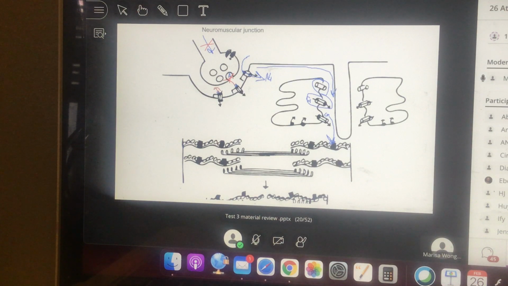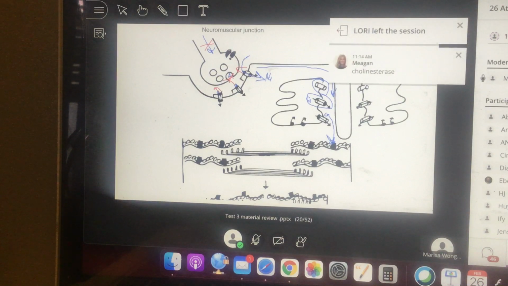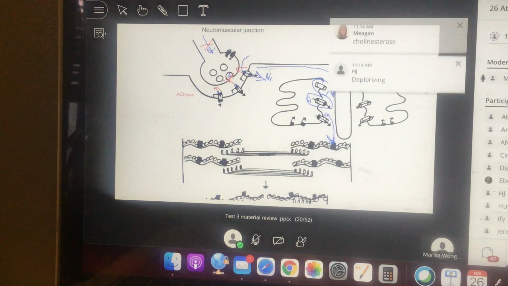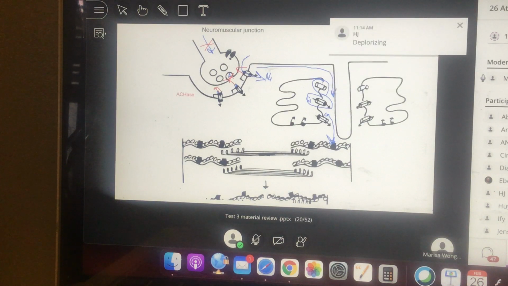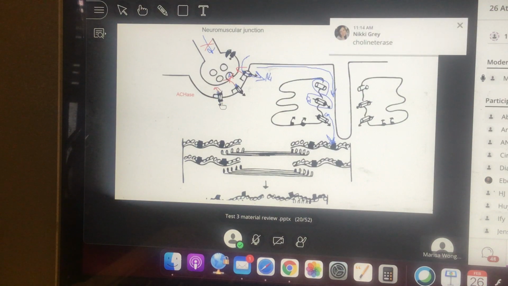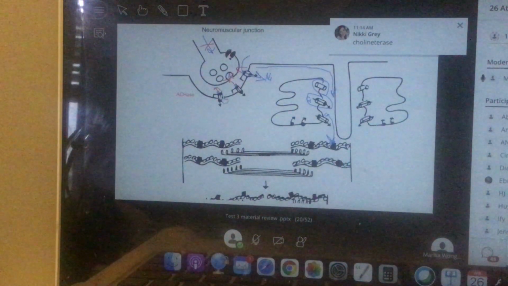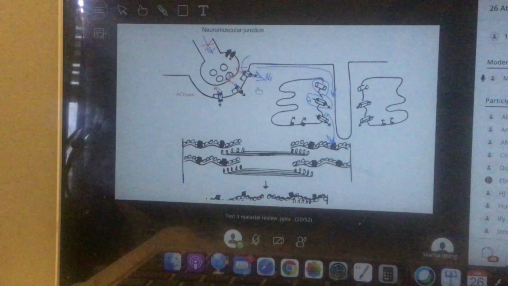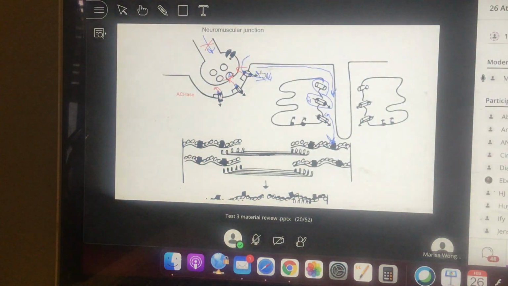Does anybody remember the name of the enzyme? Cholinesterase. I'm going to type it as AChE here. And that's what takes the acetylcholine off of these channels, which allows them to close, so sodium's not coming in anymore, and you're not having an action potential anymore.